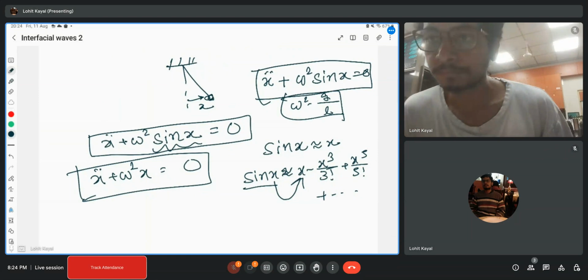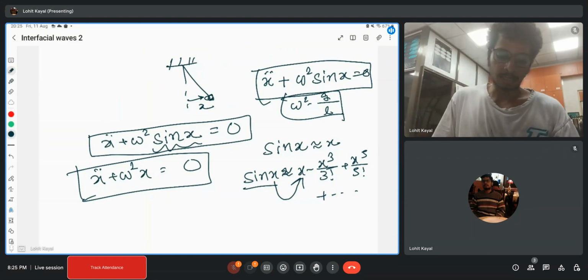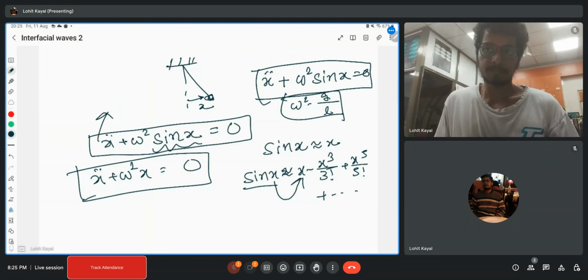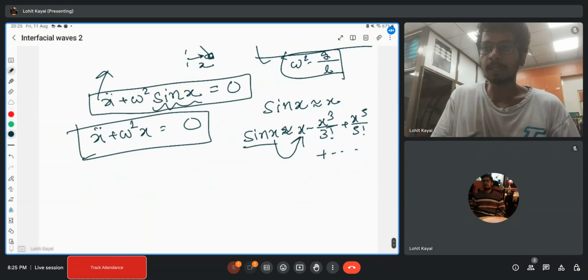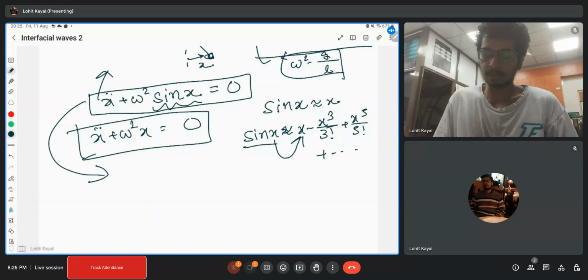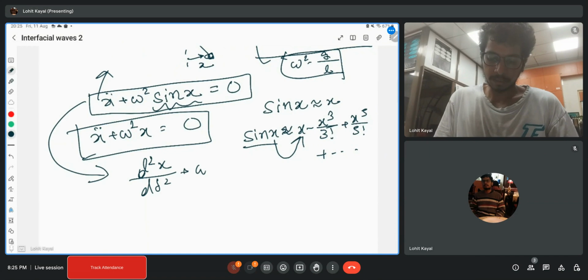But now, what can we analyze from this? Okay, suppose you have an equation like this. For any reason, can we estimate some feature of it? I mean, it is not easily integrable with respect to time because we have the equation d2x dt square plus omega square sine x equal to 0.